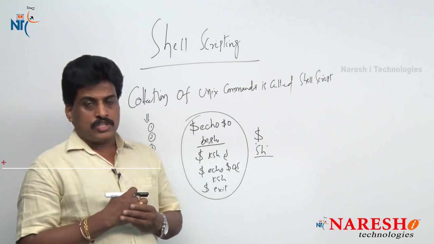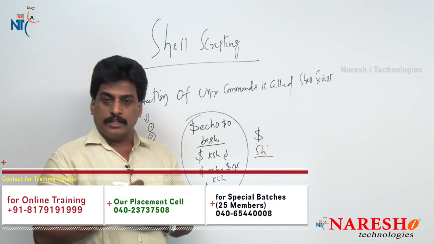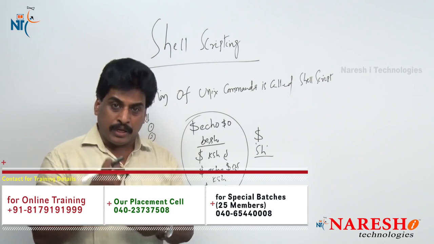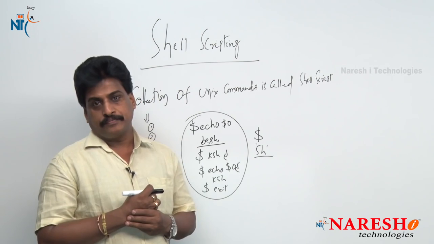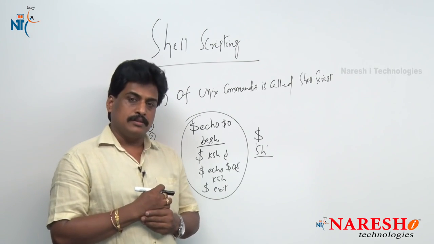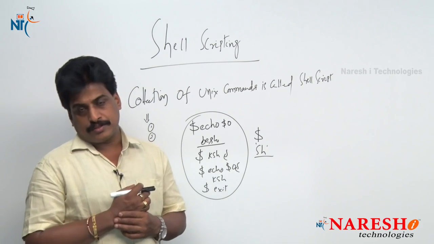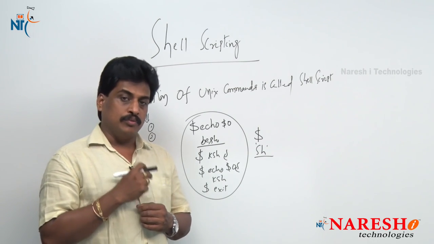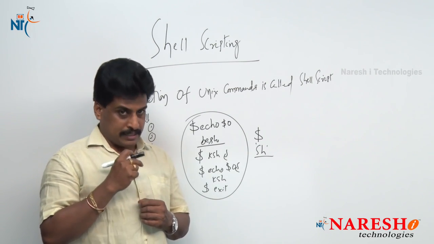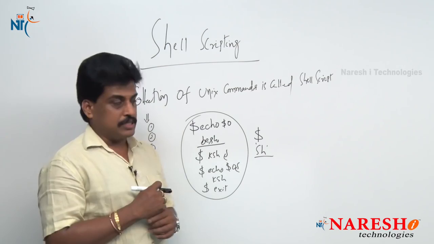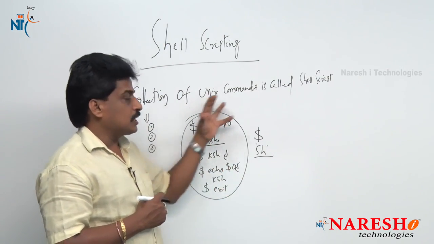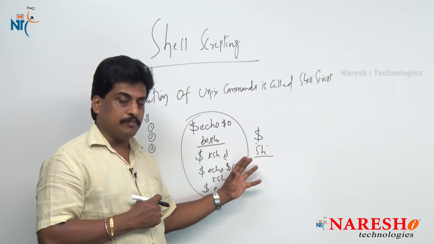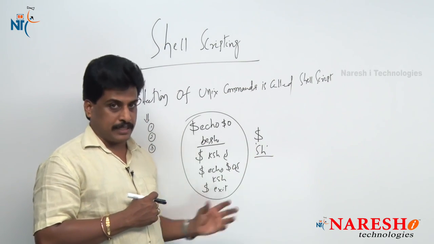And third one, shell is performing a duty n number of times, means repeatedly, no need to write commands. And these shells have some characteristics. These characteristics one by one practically we can see on the system. But I provided here only what is the shell and how the shell is going to be displayed, the related prompt.